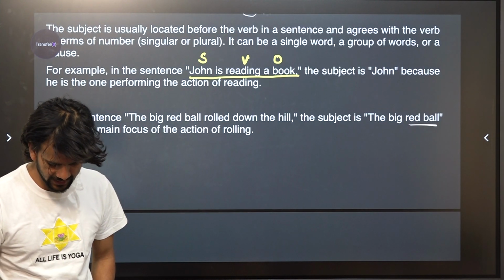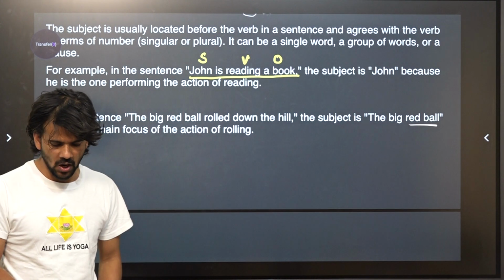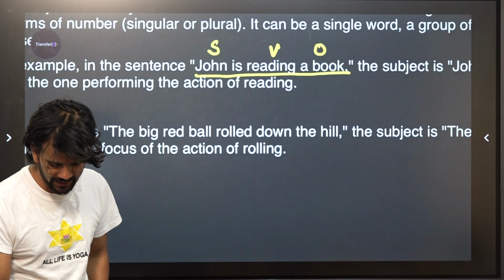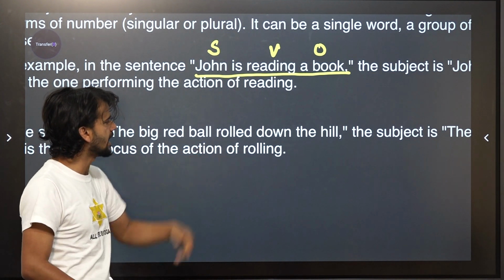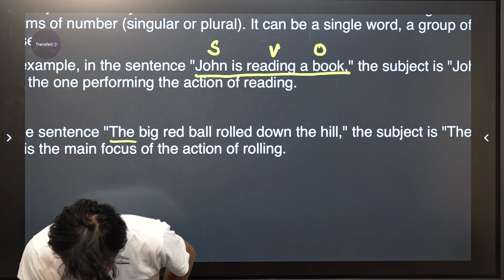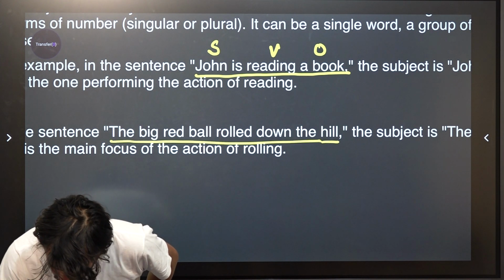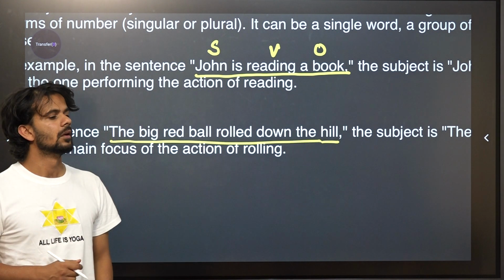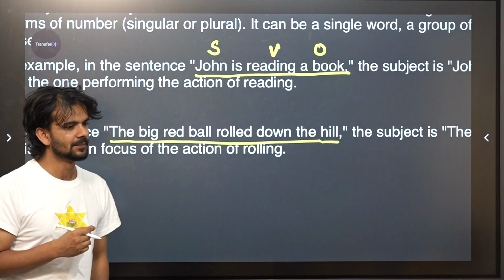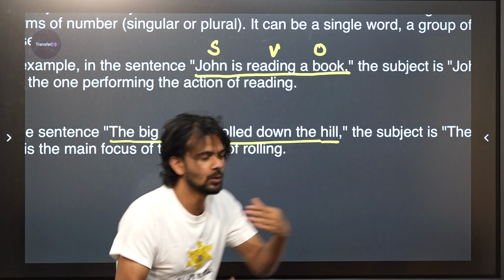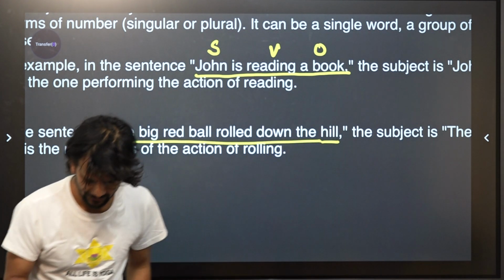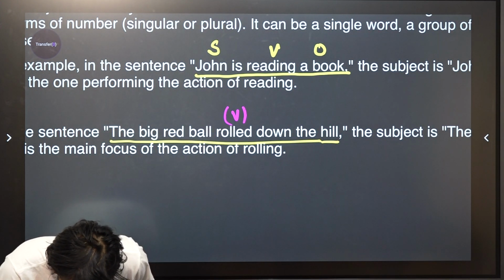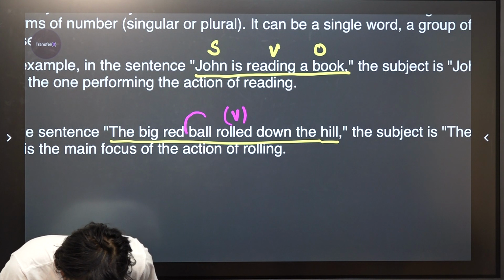Similarly, let's look at the next sentence. The big red ball rolled down the hill. So, what's the action? Rolling. That's the action. And who is doing that rolling? The big red ball. Ball is rolling, right?